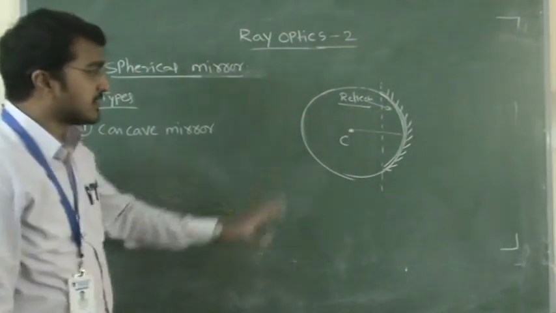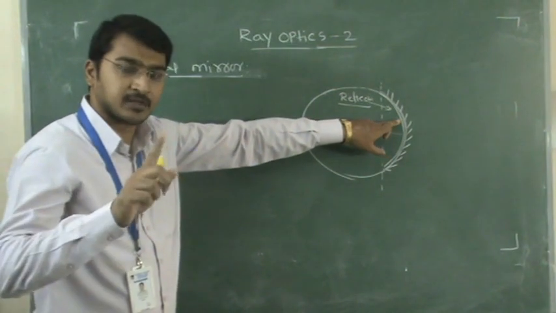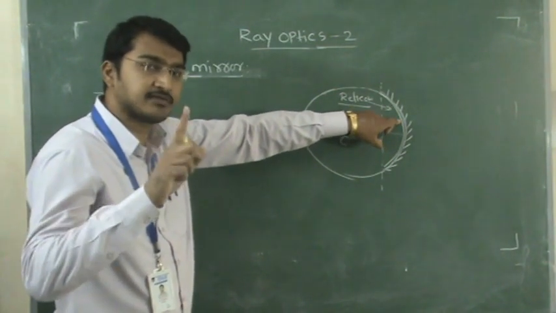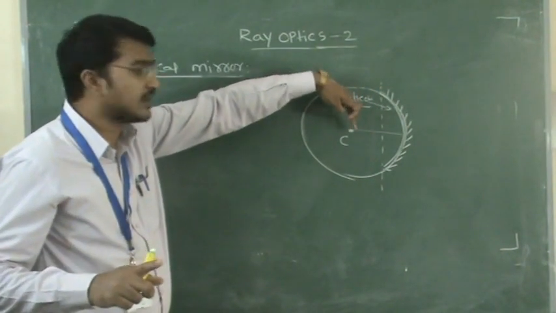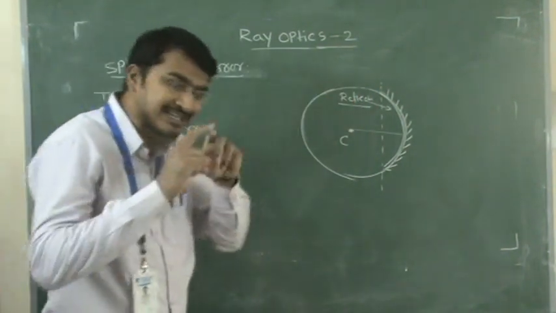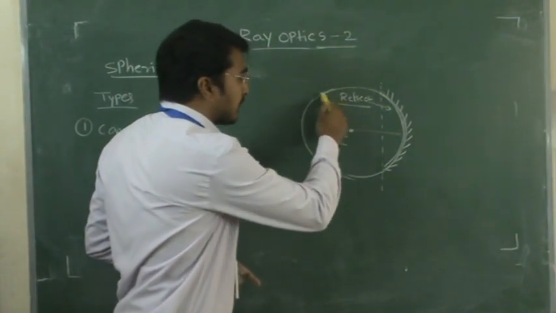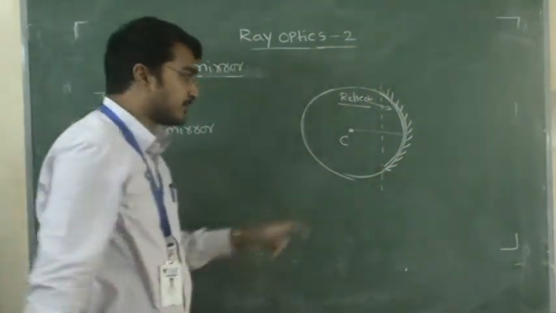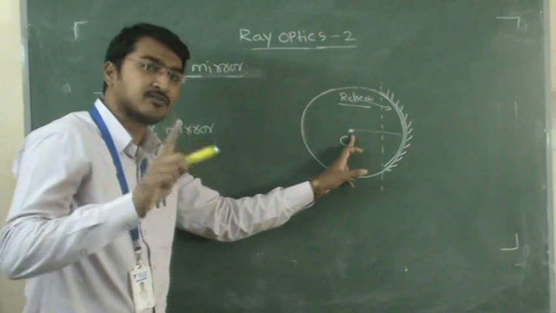See here, remember the reflecting surface of the mirror is towards the center of the curvature or center of the sphere. What is the center of curvature? This is a curved shape. If you extend that curve, it will form a sphere. That sphere's center point is C. This we call the center of curvature.